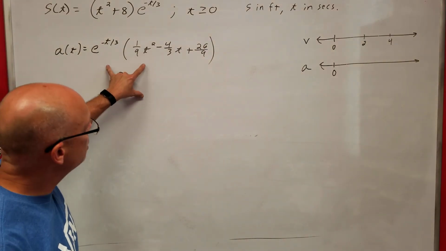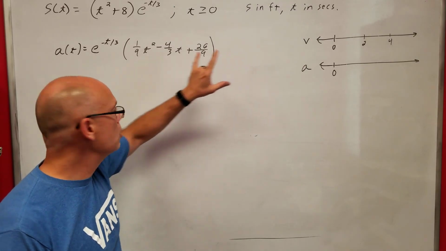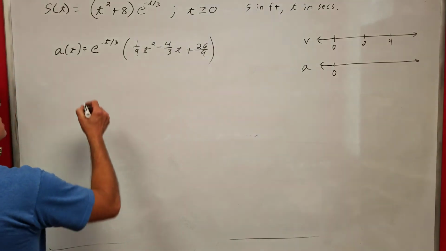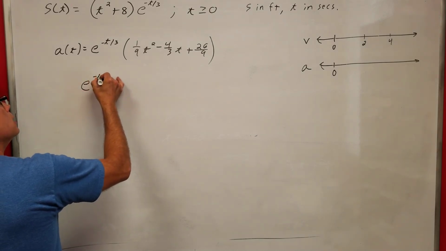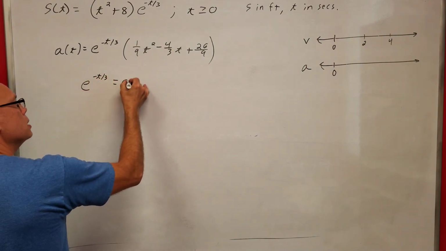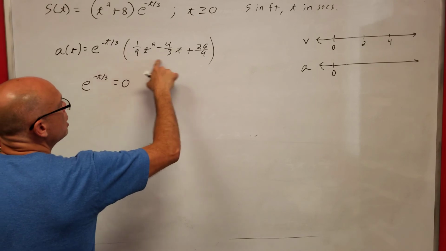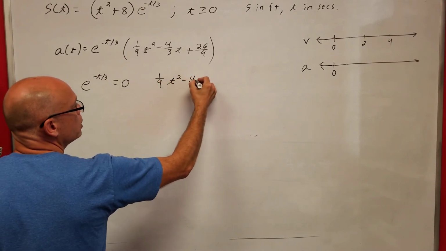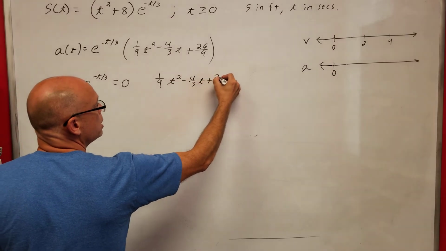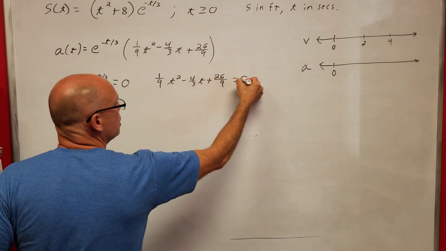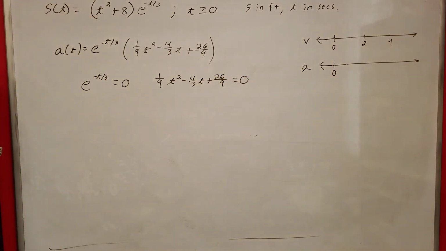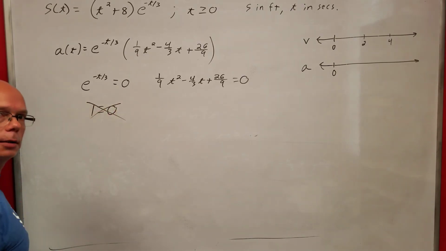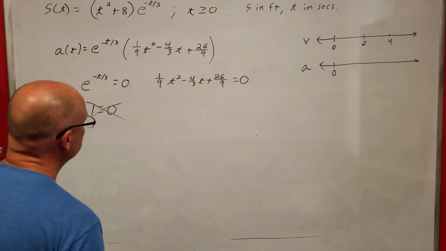Now, instead of showing a step where I set this equal to 0, I'm just going to set each one of these factors equal to 0. So e to the negative t over 3 is equal to 0. And this stuff, 1/9 t squared minus 4/3 t plus 26/9 is also equal to 0. This one we solved and we got 1 was equal to 0 earlier. Said it didn't get us anywhere.